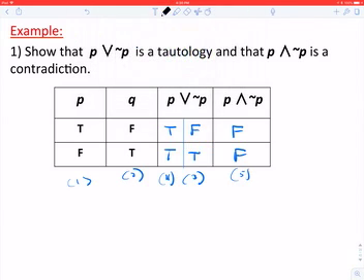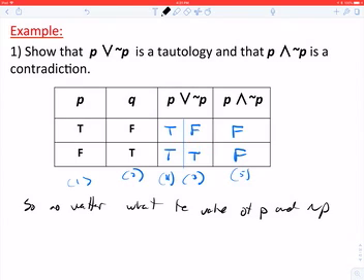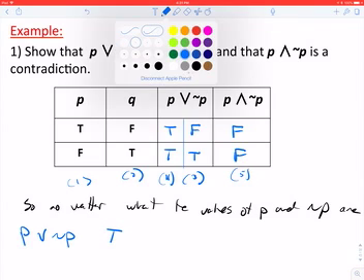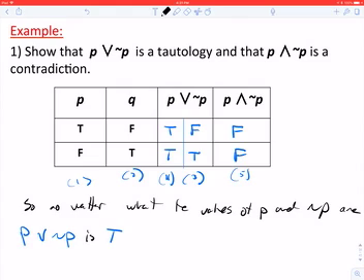So no matter what the values of P and not P are, P or not P is true, which is a tautology.